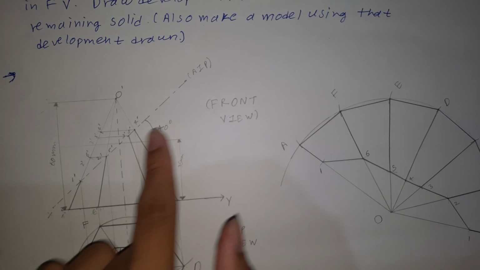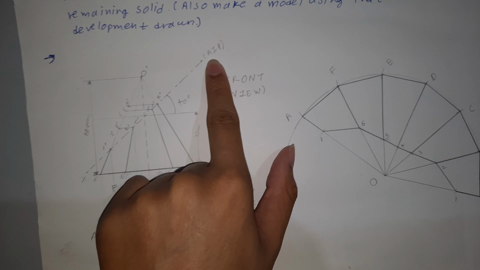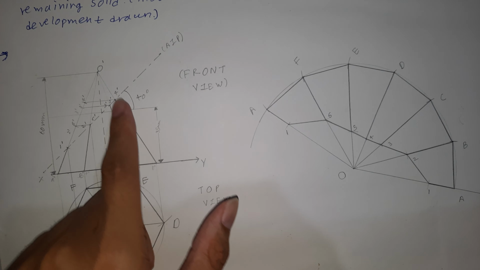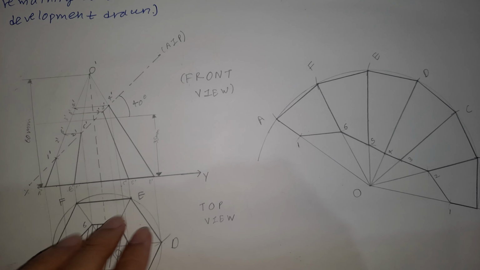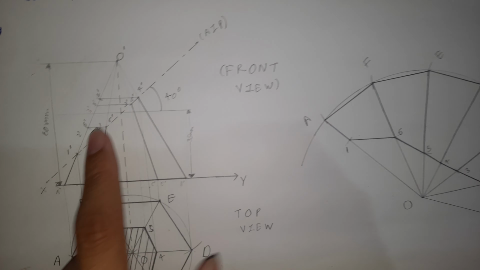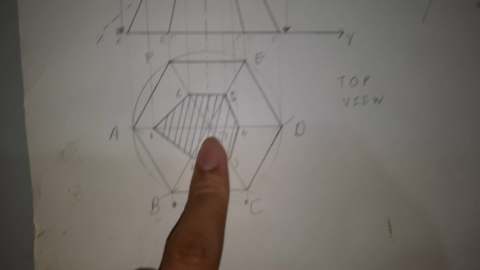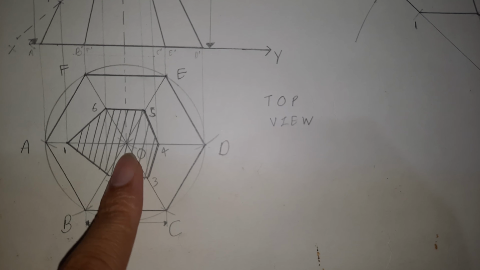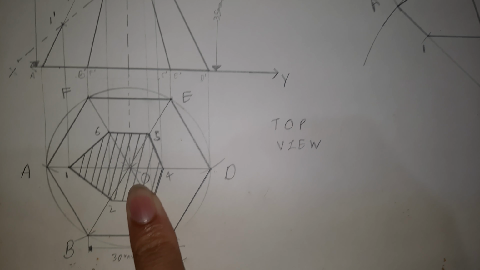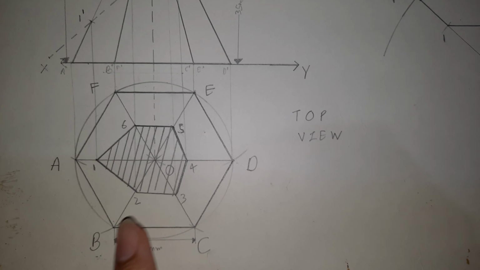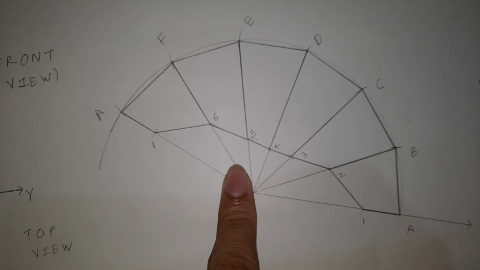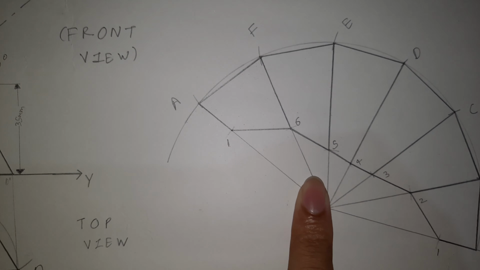Then we drew the auxiliary inclined plane which cuts at 40 degrees to the ground and 35 mm above the base, and took those points. Also we drew the section of the solid, how it looks from the top view after cutting by the auxiliary inclined plane. Then we have drawn the development of the hexagon.